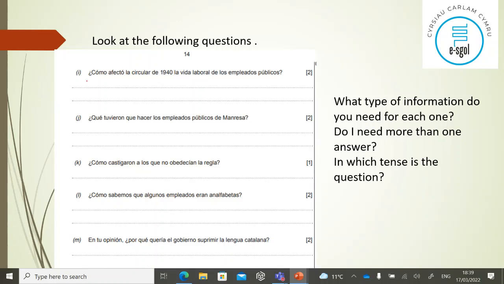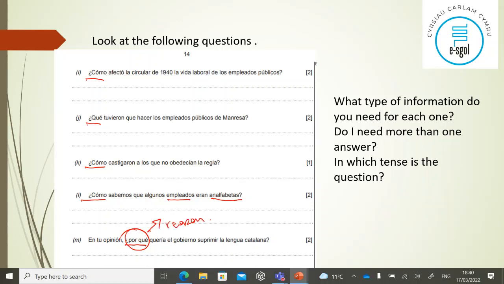Use your question answers, again, your question formulations, your question words to understand what type of information is required. So here we looked at how. How do we know that some workers were illiterate? In your opinion, why did the government want to suppress the Catalan language? So that's a reason that is given to us.